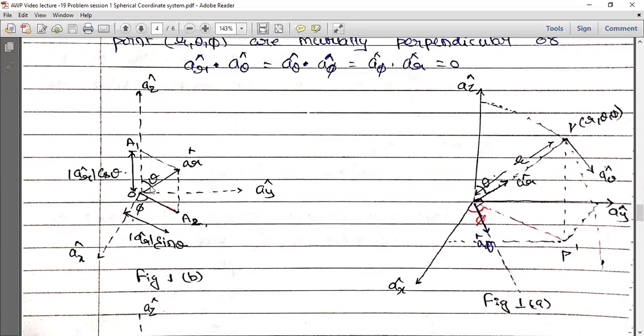So AR cap makes an angle theta with the Z axis, and correspondingly AR cap can be resolved into two mutually perpendicular components. Resolving it in the direction of AZ cap gives a component OA dash, equal to the magnitude of this unit vector times cos theta. You know very well that the component along the direction where the angle is theta is cos theta, and the other component lies in the other direction.